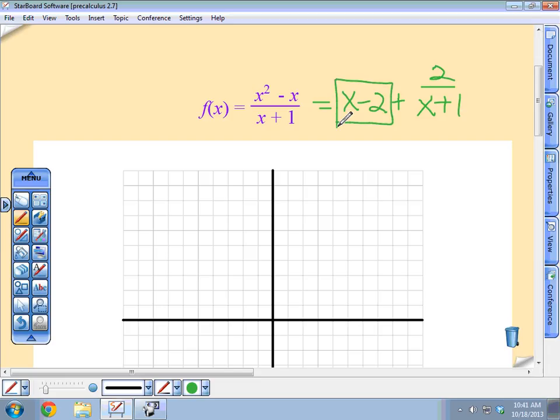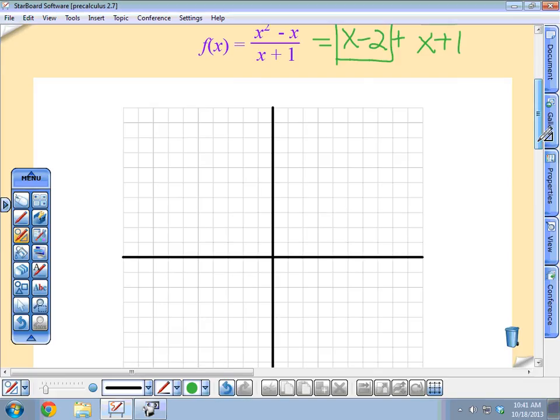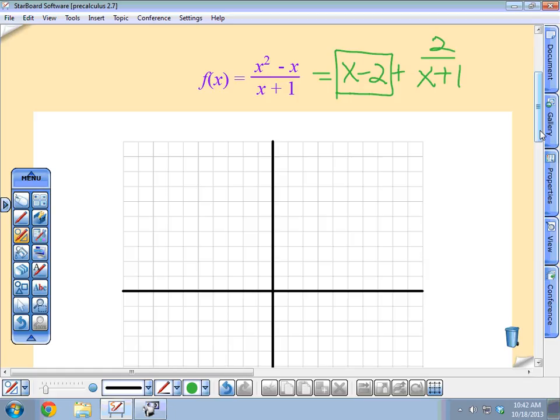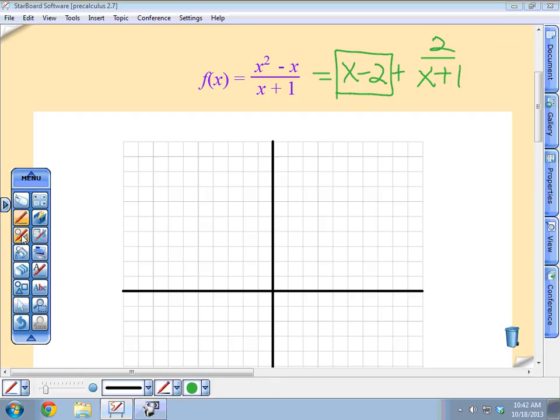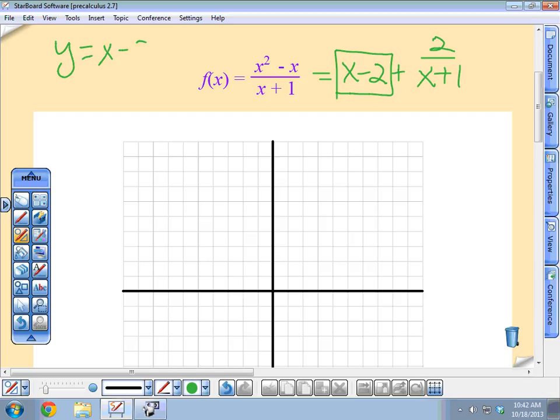So what's a slant asymptote? What does that look like? If I want to make the line y equals x minus 2, what am I going to do?